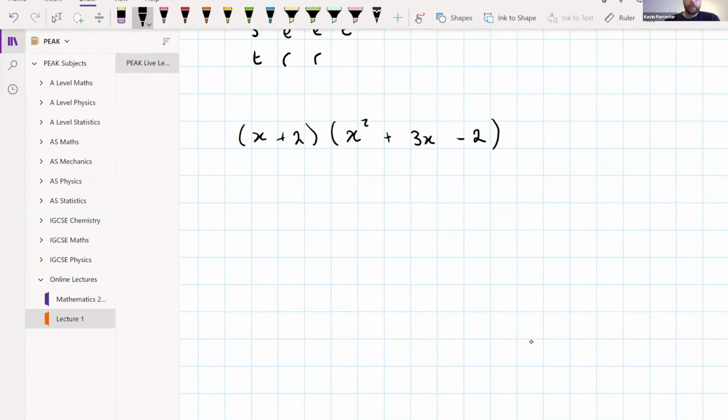So what we're going to do is a process very similar to FOIL, and basically just making sure that every term multiplies every other term. Okay, so take a look. This term needs to multiply every term in the other bracket. And we got this one as well, multiplying with the minus 2.